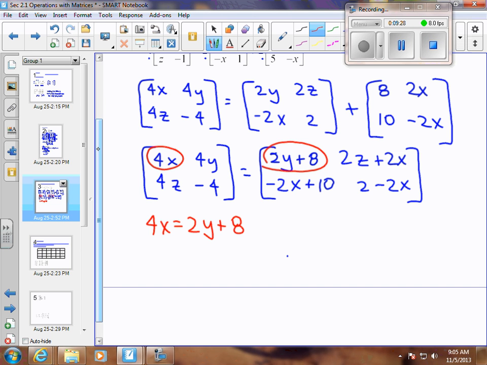Also, the second element in the first row on the left is equal to the corresponding element on the right. And finish out the bottom row in a similar manner.